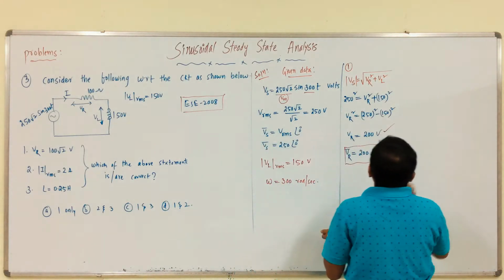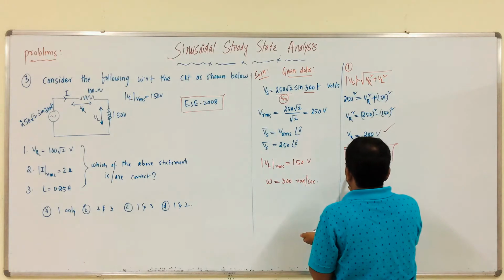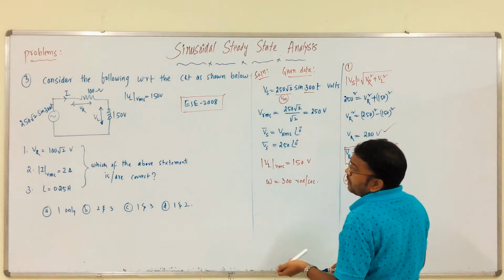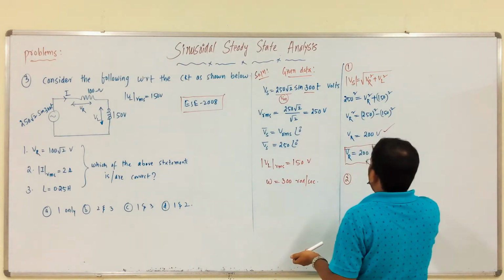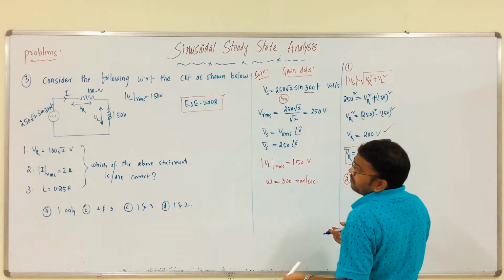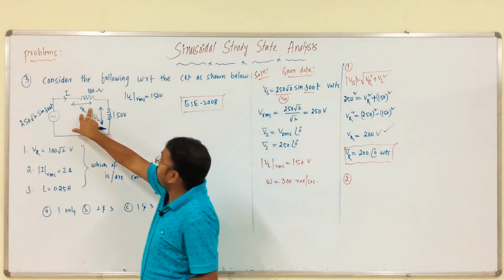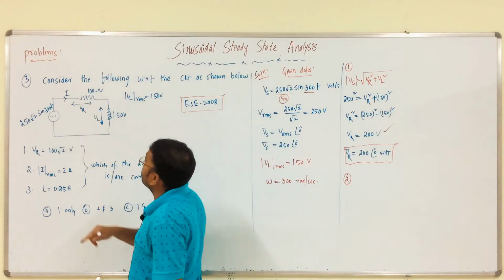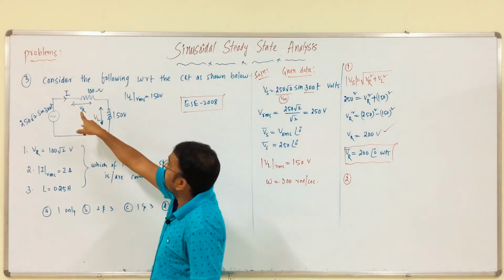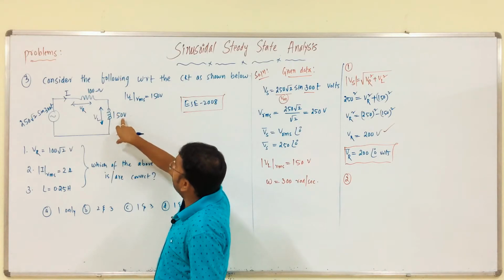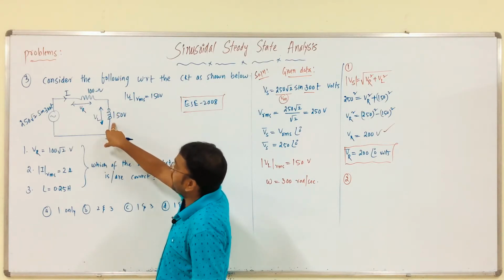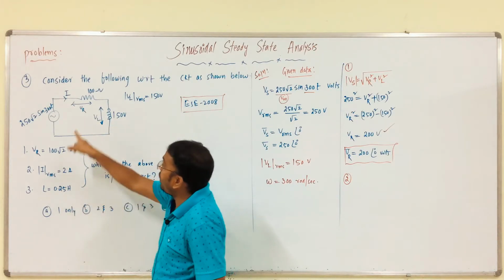Next we have to calculate the second one, the current IRMS. We all know that in a series circuit, I equals VR by R, voltage by resistance. VR we got as 200, R is 100, so 200 by 100, 2 amps, is the current. Or you could take VL by the inductance, 150 by inductance, but we do not know the value of inductance, therefore we consider this value.